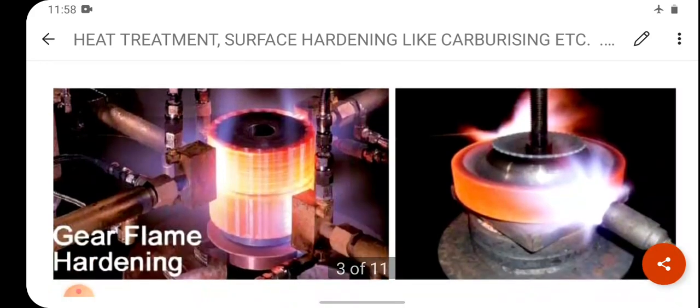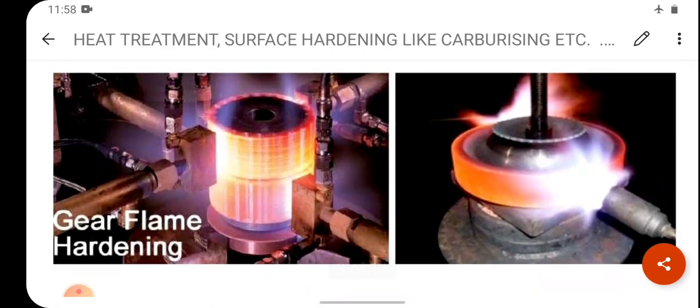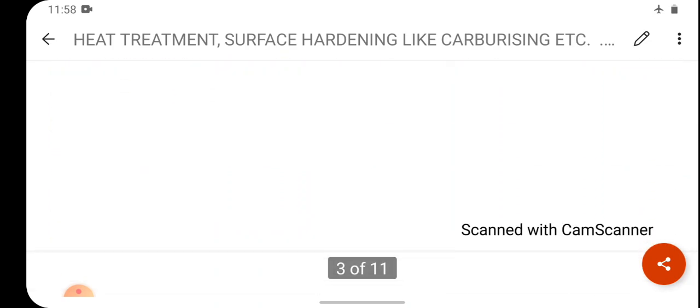So here I am showing with the help of diagram, that is gear flame hardening. I am providing flame on the gear and quenching after that. So this is flame hardening.